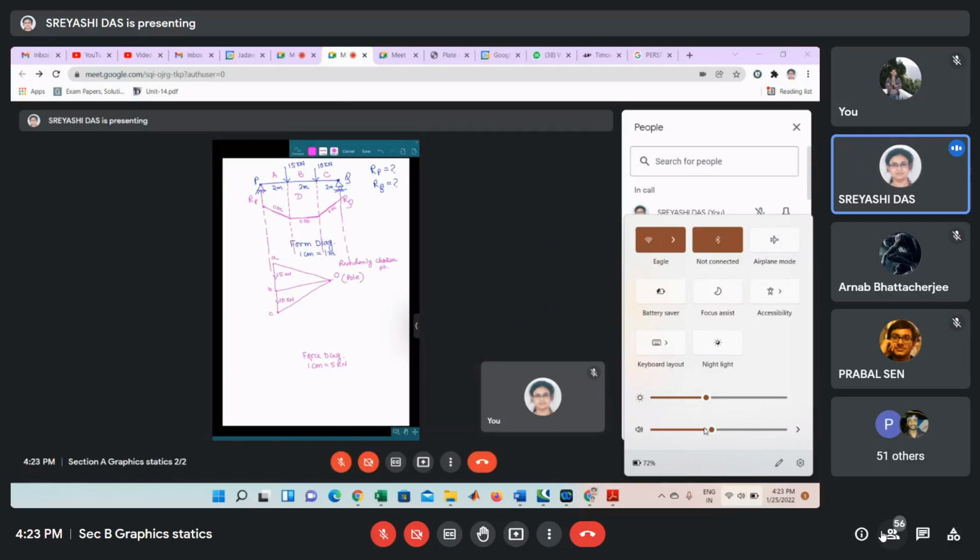Basically, this is the funicular form of this force system. If we assume that PQ is a string and 15 kilonewton and 10 kilonewton are the loads acting at these points, then this violet, pink line forms the funicular form.